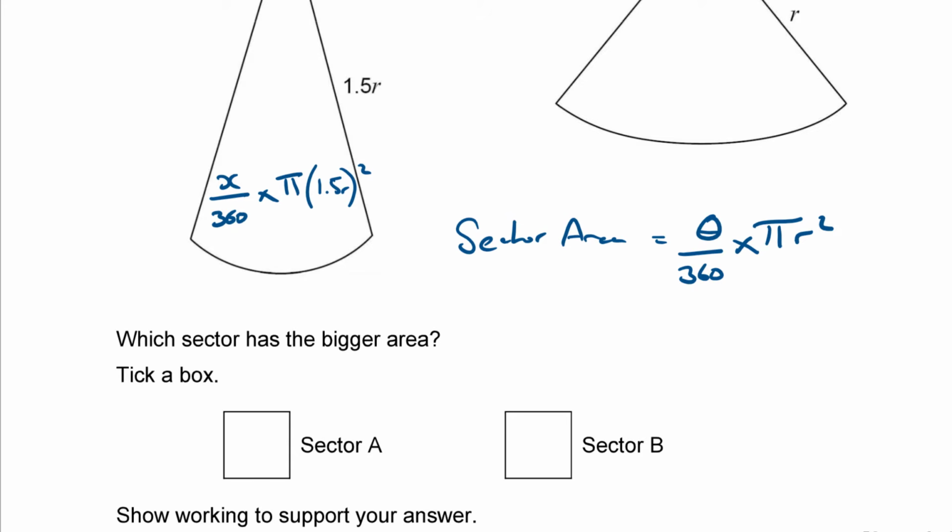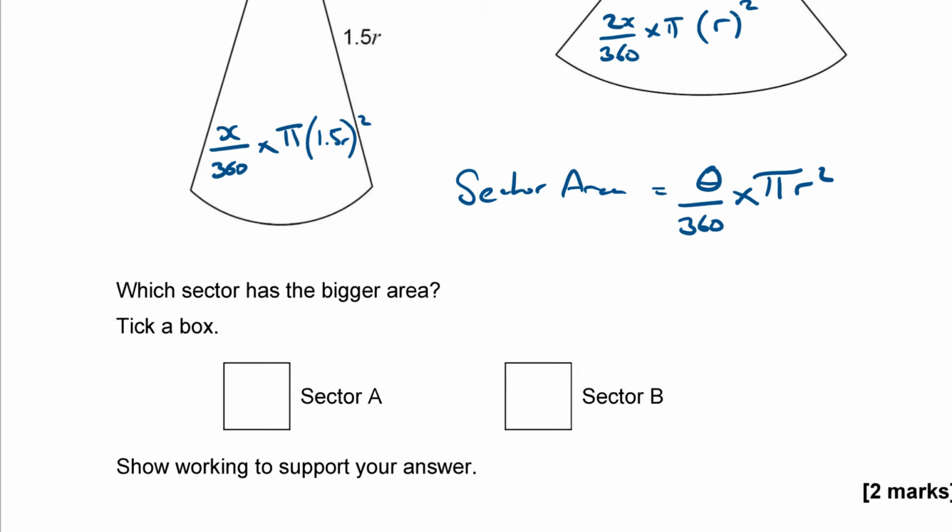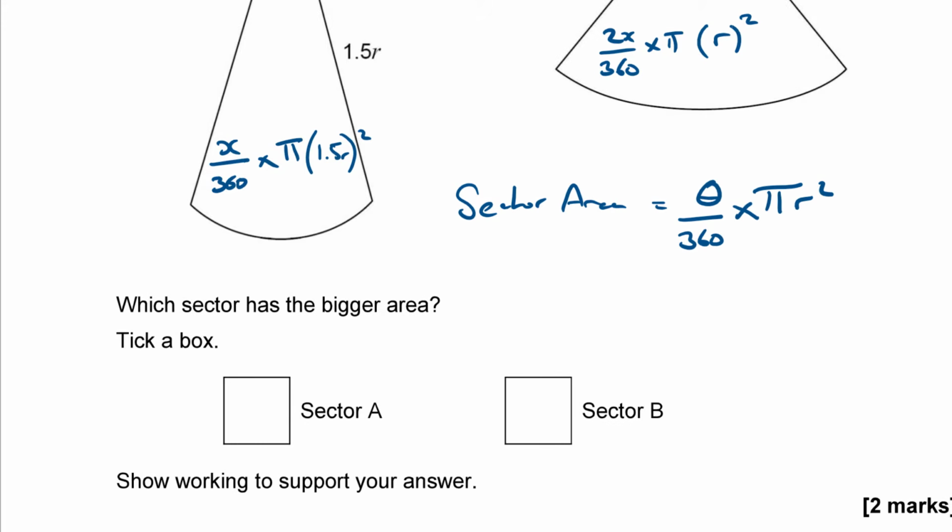Okay, and then in my other one I'm going to get a center angle of 2x, so that's going to be 2x over 360 times pi times r. It's just r in this case, isn't it? r squared. Okay, now we want to work out which one is bigger.